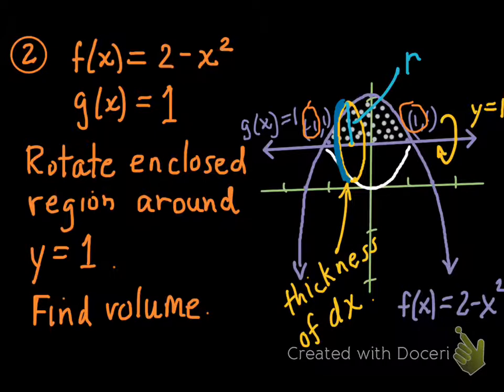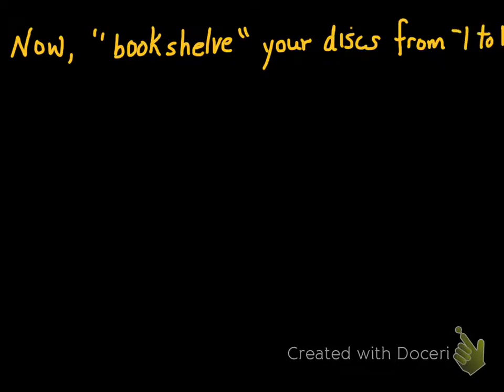That's where I get negative 1 to 1. So now we're going to bookshelf your disks from negative 1 to 1. That gives the limits of integration from negative 1 to 1 of some area formula, which is going to be written in terms of x, and then the integral is in terms of dx.